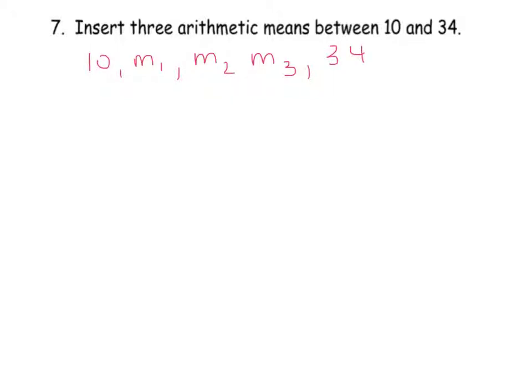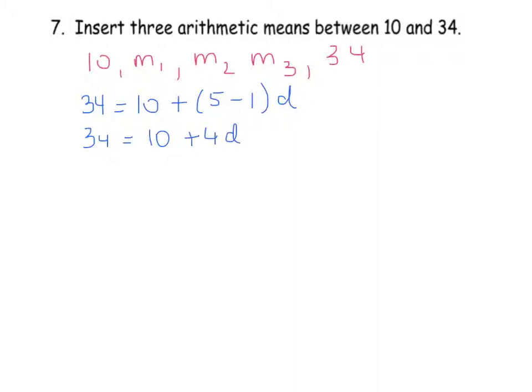So if the first term is 10 and the fifth term is 34, I can write an equation where my fifth term, which is 34, will equal the first term, which is 10, plus 5 minus 1 times d, because this is the fifth term. 34 is the fifth term, so n equals 5. So if I simplify, I get 34 equals 10 plus 4d.